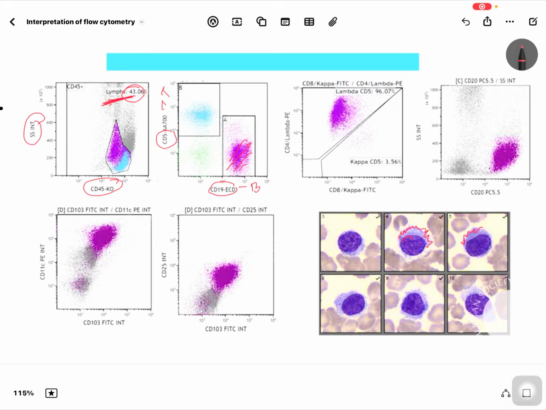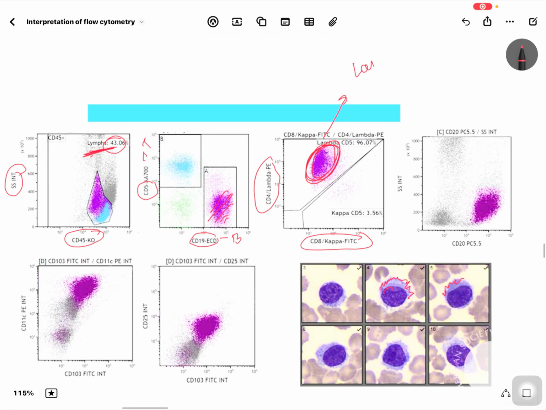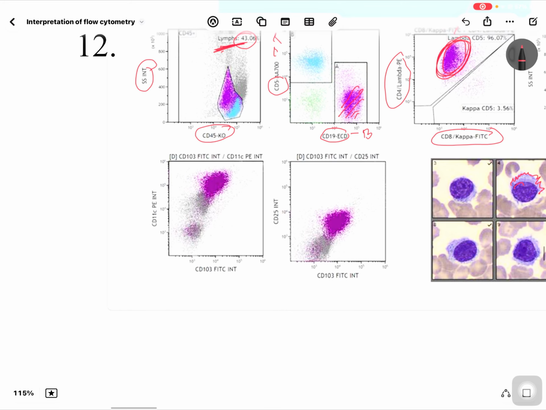So this population is what they have taken. When they did kappa, lambda, the population is restricted to lambda. That means something abnormal is happening here. CD20 is again B cell positive. Understood?